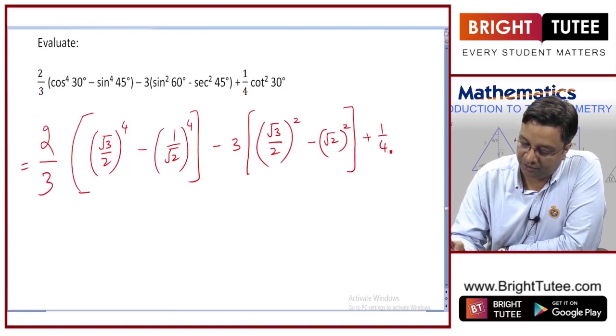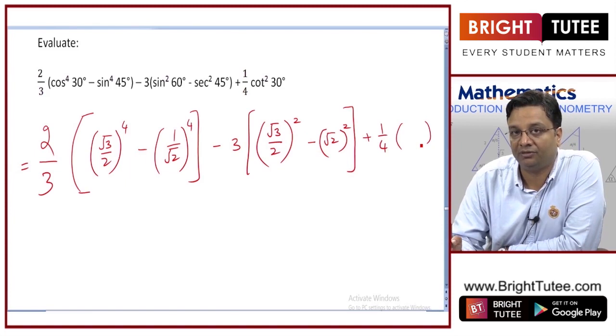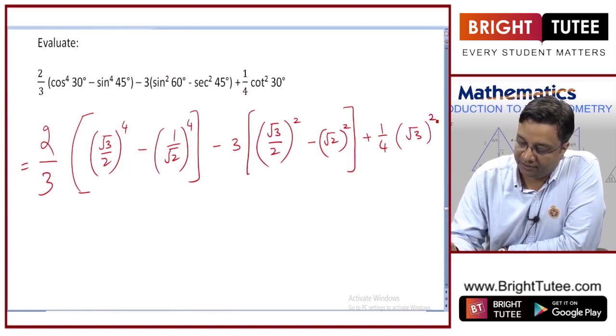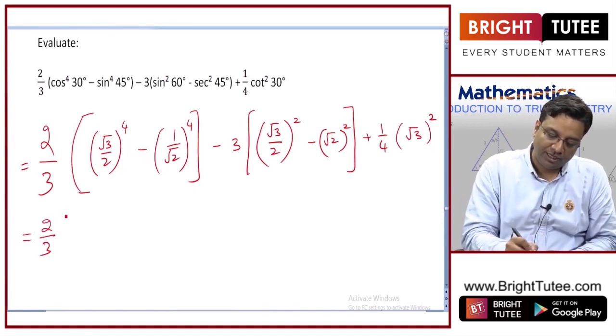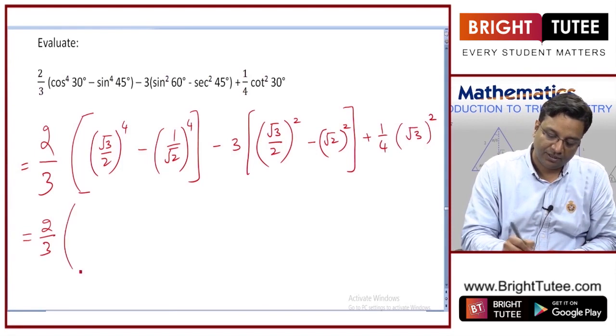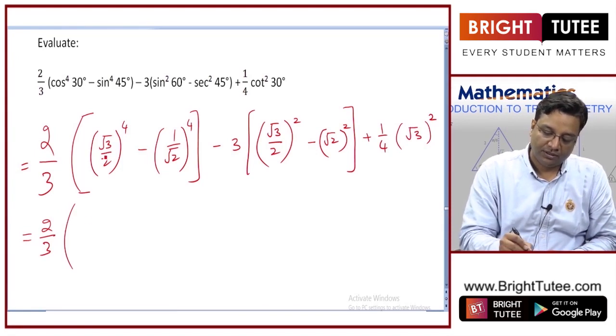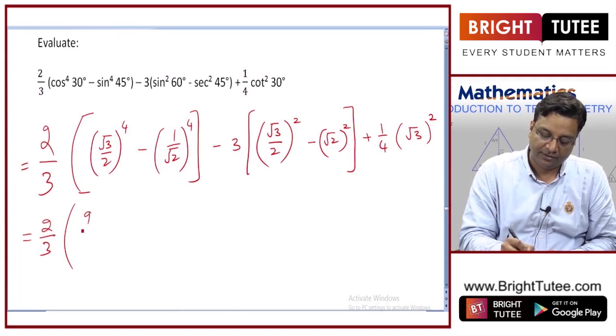plus 1 by 4. What is cot 30? You know what is tan 30? It is equal to 1 by root 3. So cot 30 is root 3 squared. Okay. So 2 by 3, this will give you root 3 raised to power 4 will give you 9.